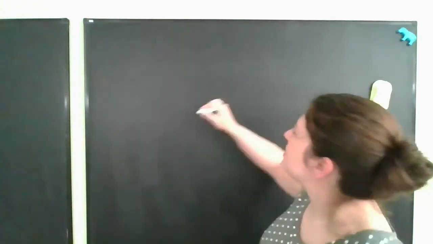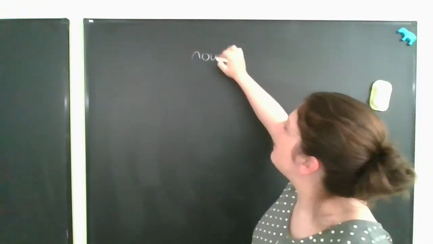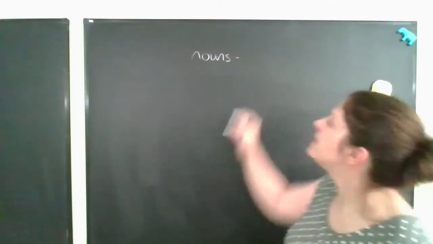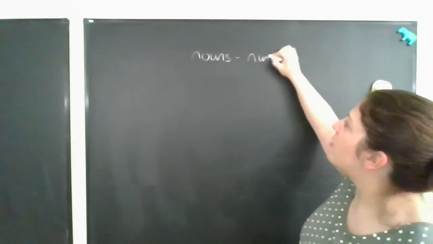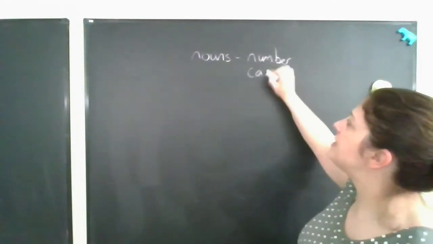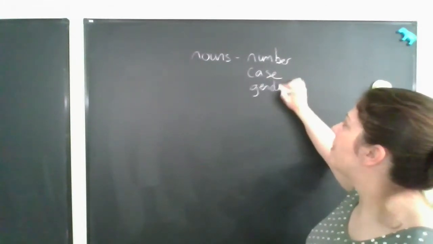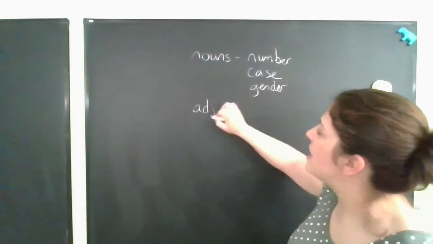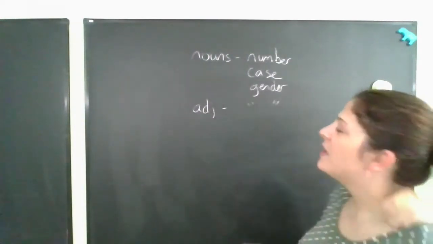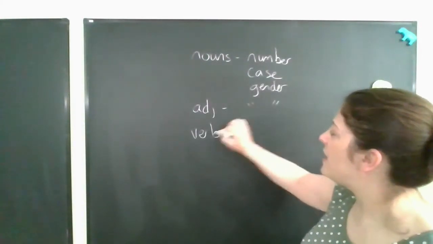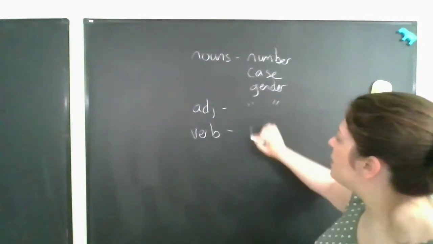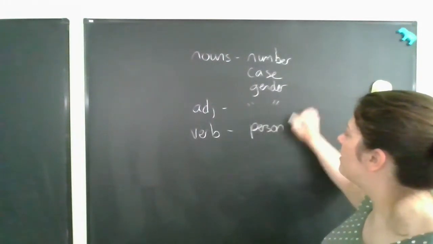So just as with Proto-Indo-European, Greek nouns have a set of different endings to indicate number, is it singular or plural, case, what's its function in the sentence, and a grammatical gender. Adjectives have endings that do the same thing, and then verbs have endings that can indicate the person and number of the speaker.